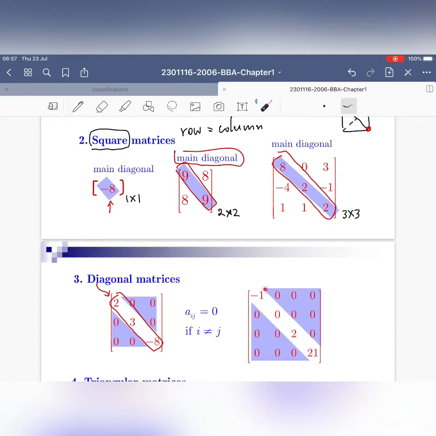Because actually we don't really care what happens on the diagonal, we just care about the ones outside the diagonal. They must be all zero, and your matrix must be square, okay.